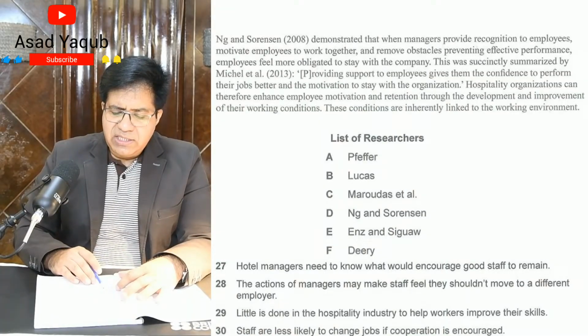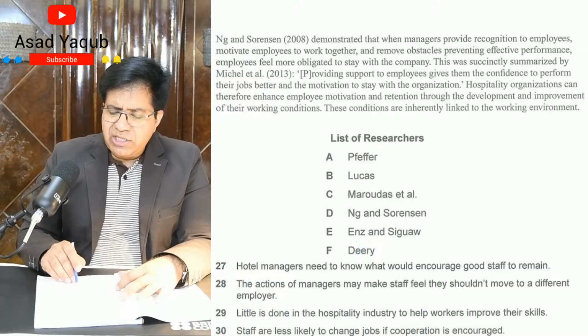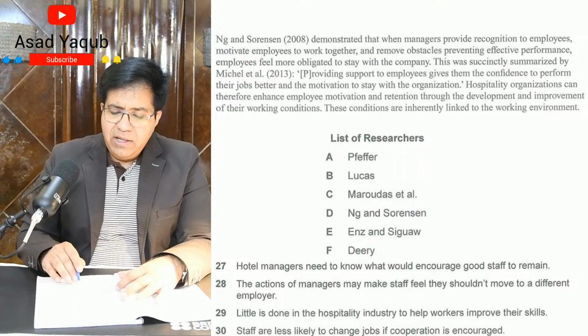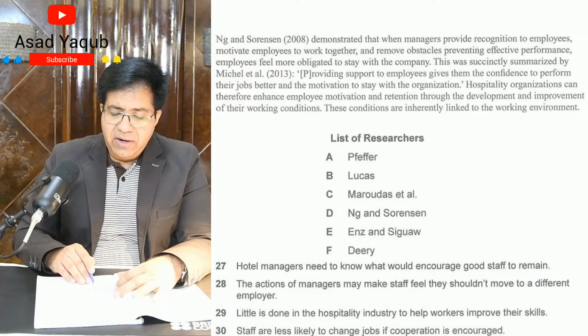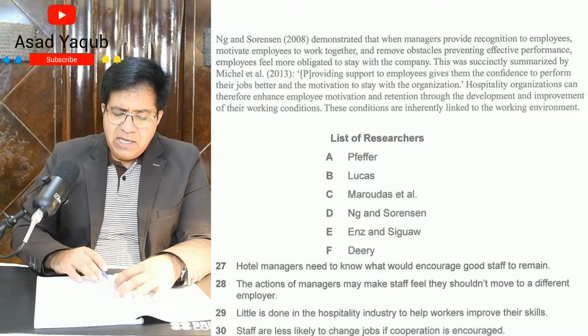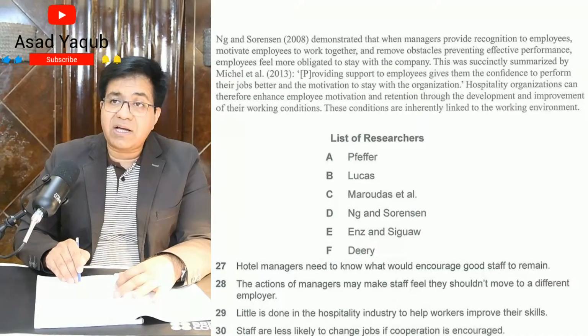NG and Sorensen 2008 demonstrated that when managers provide recognition to employees, read this point carefully, answer is related to that. When managers provide recognition to employees, motivate employees to work together and remove obstacles preventing effective performance, employees feel more obligated to stay with the company.